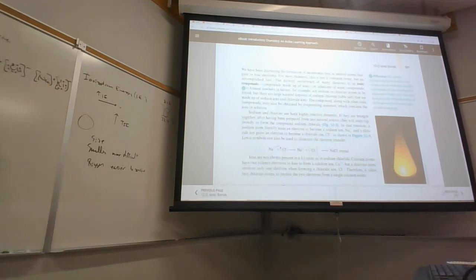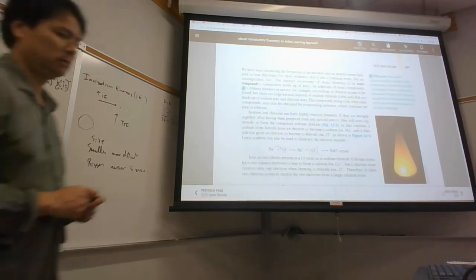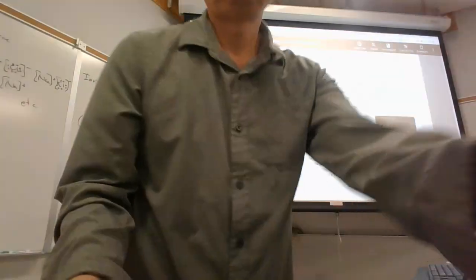And then for each sodium, we want as many chlorides around that as possible. And for each chloride, we want as many sodiums around that as possible. So this would be the lattice. And so this is the Lewis structure for a formula unit, and this would be the Lewis structure for the lattice for sodium chloride, or the crystal.